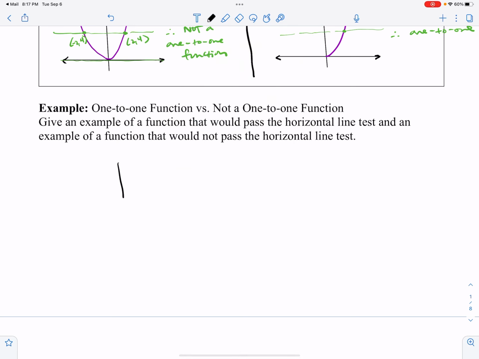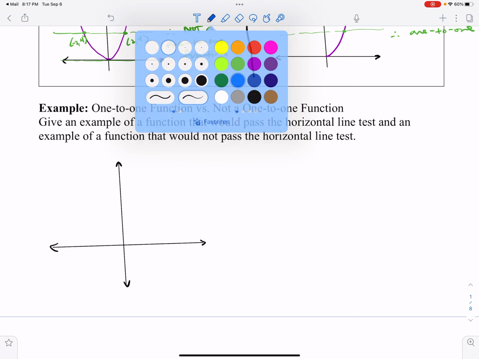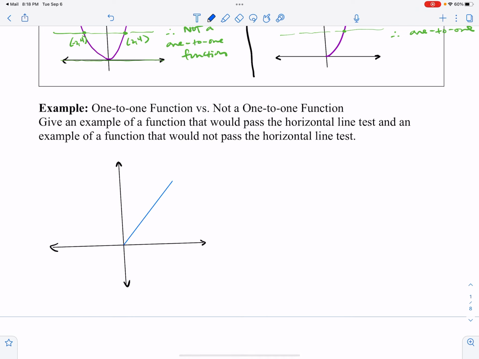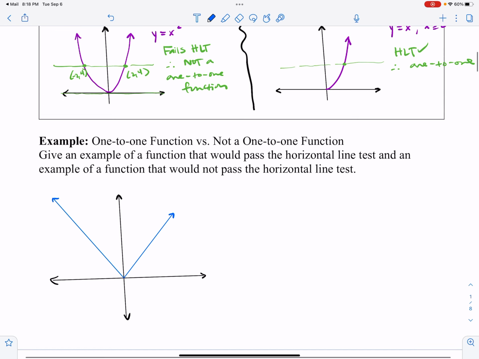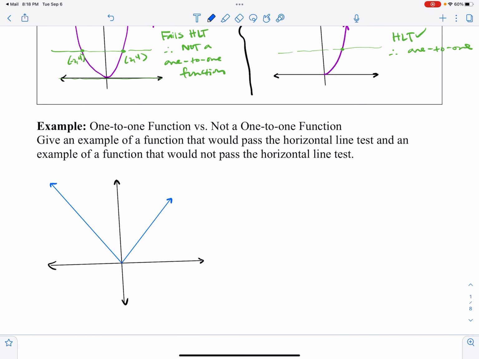I'm going to do absolute value of x for not passing the horizontal line test. So it fails the horizontal line test. This is for y equals absolute value of x.